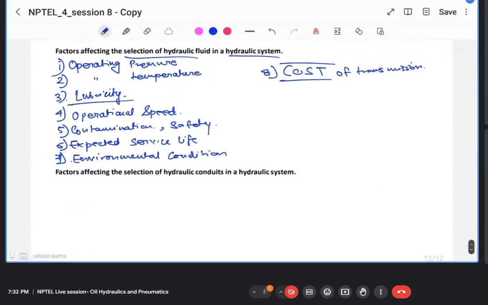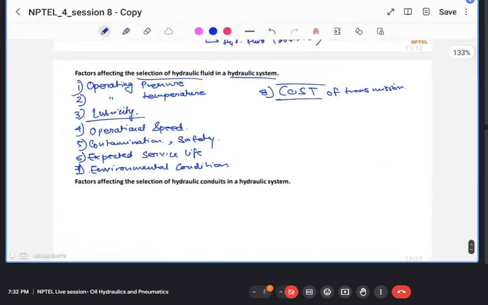Factors affecting the selection of hydraulic conduits in a hydraulic system. Again, while you're designing a particular hydraulic circuit for any application, you need to select what material or what should be the length or the geometrical features for the hydraulic conduit system.